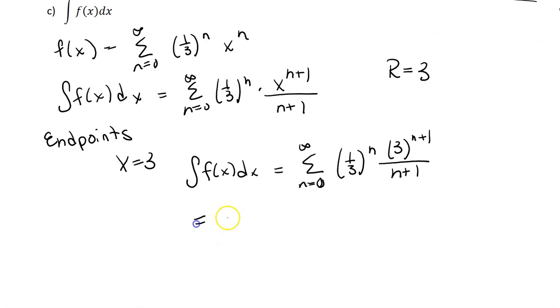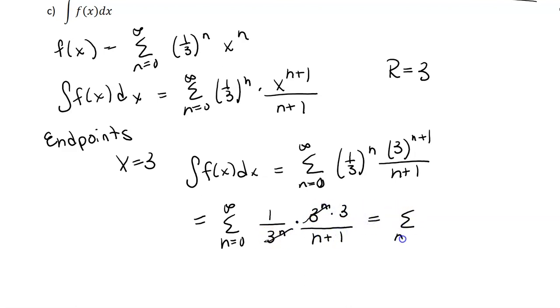So that will give me the sum from 0 to infinity of 1 over 3 to the nth. This will be 3 to the n times 3, and this will be n plus 1. So I can cancel here, and I get the sum from 0 to infinity of 3 over n plus 1.